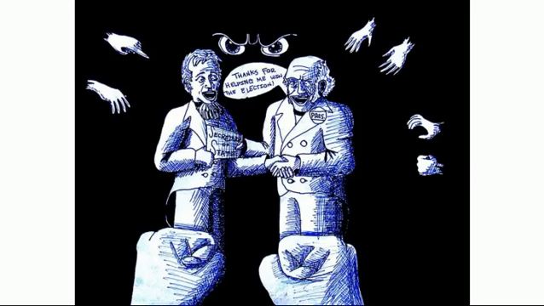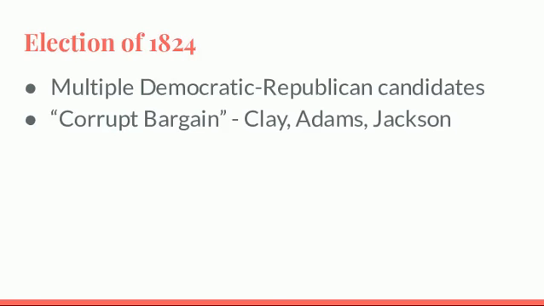And I would make sure to circle 1824, because you might see that on the AP exam, the actual date. So the corrupt bargain is the idea that John Quincy Adams bargained with Henry Clay for the presidency. So you need to know that Clay becomes the Secretary of State, Adams becomes the president, and Jackson becomes salty.